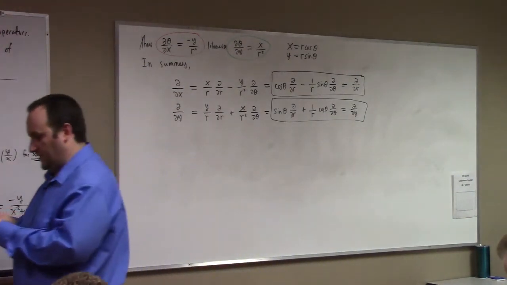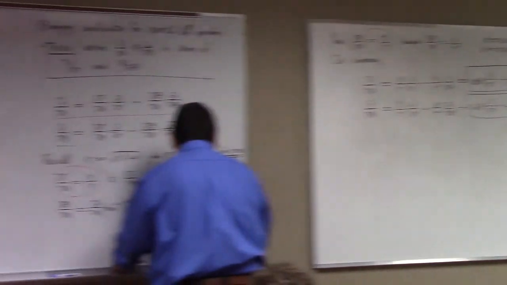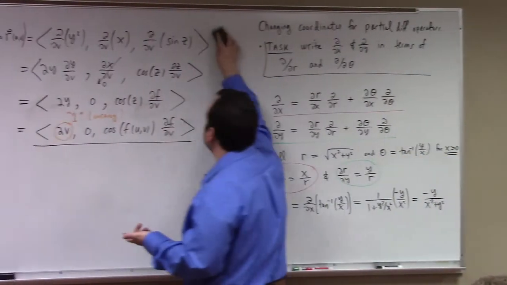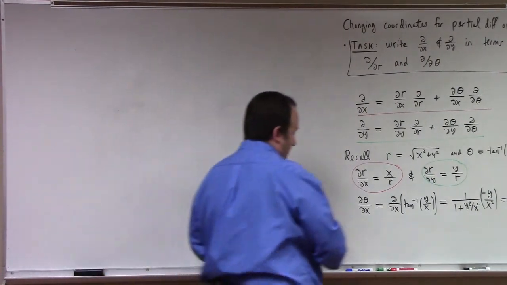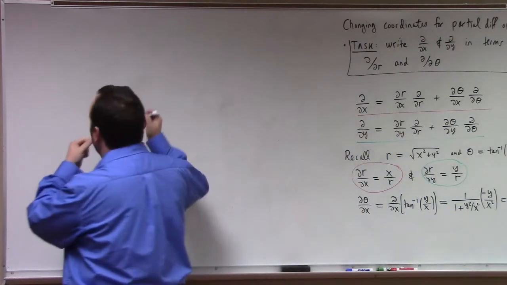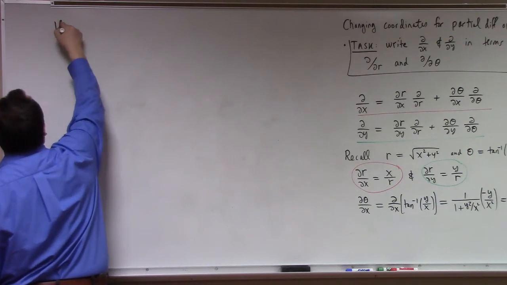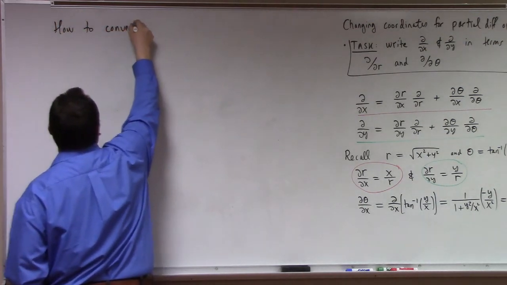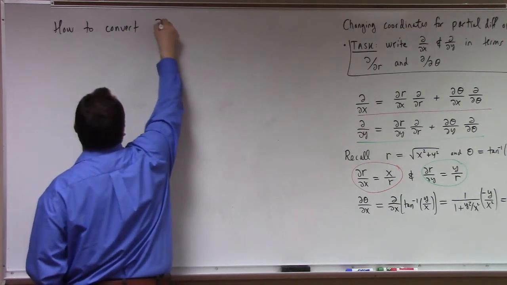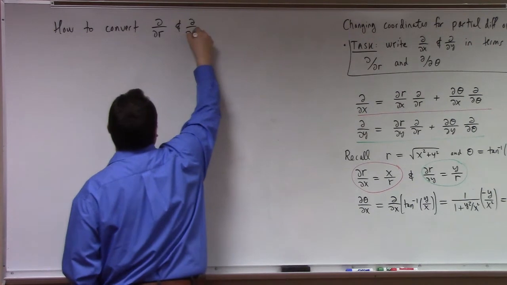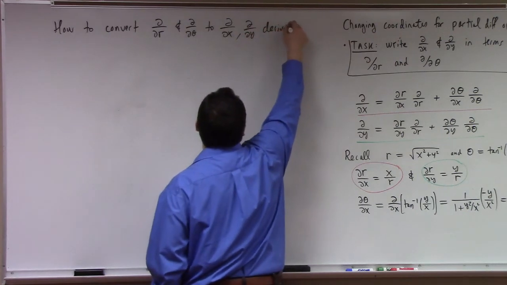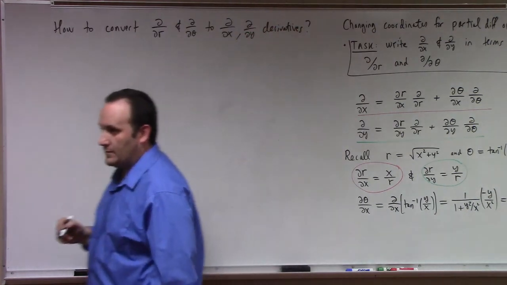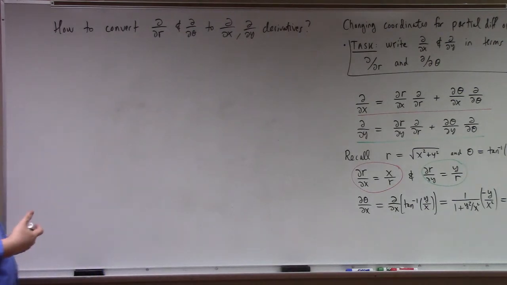How would you go the other way? What if I wanted to convert r theta derivatives to xy derivatives? How would that calculation look? What would the chain rule look like in that direction?